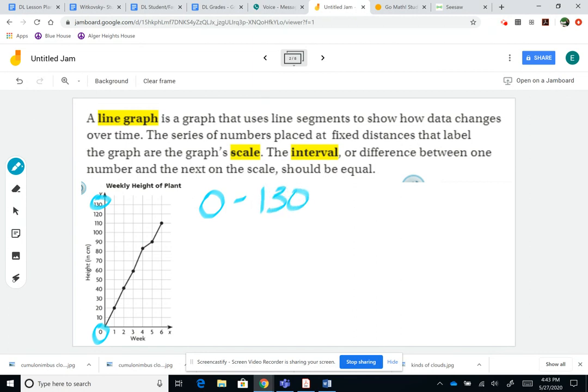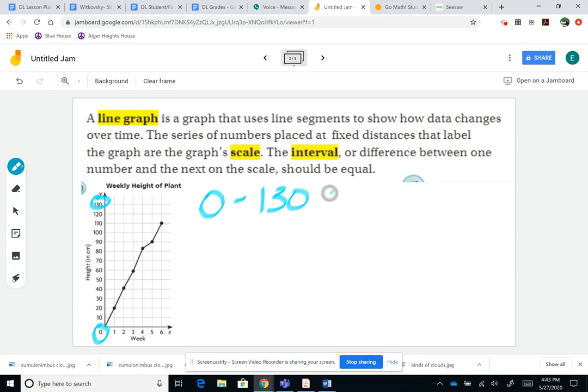So the scale is 0 to 130. And try not to overthink that. It's seriously from the axis, which is almost always 0, to the highest point on the graph, and for this graph it's 130. Now our line doesn't go up to 130, but our chart does, so if there were more data we could go up to 130.